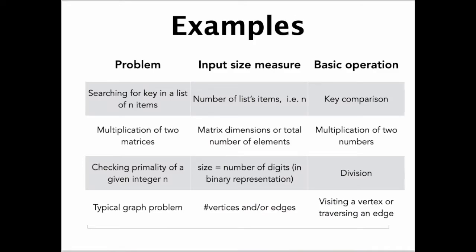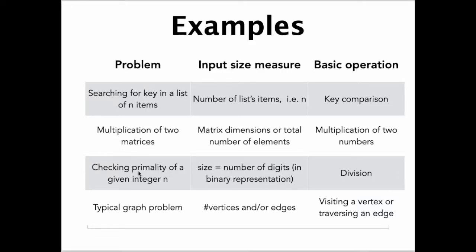So here are some examples. For searching for a key in a list of n items, the input size is the number of list items, that is n, and the basic operation is key comparison. For multiplication of two matrices, the matrix dimension or the total number of elements is the input size, while the basic operation is multiplication of two numbers.